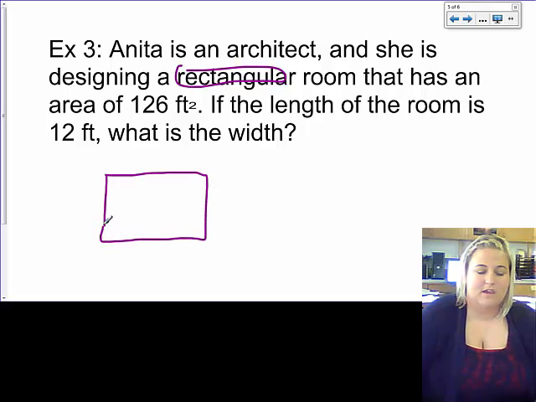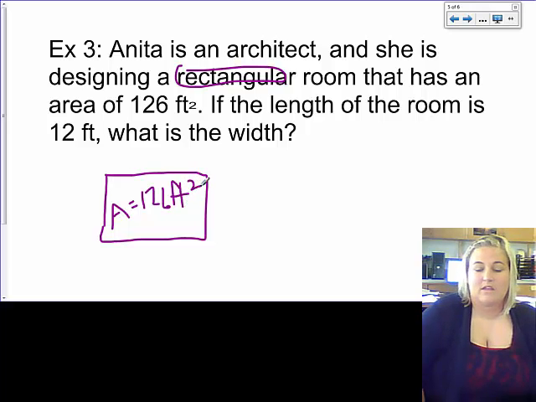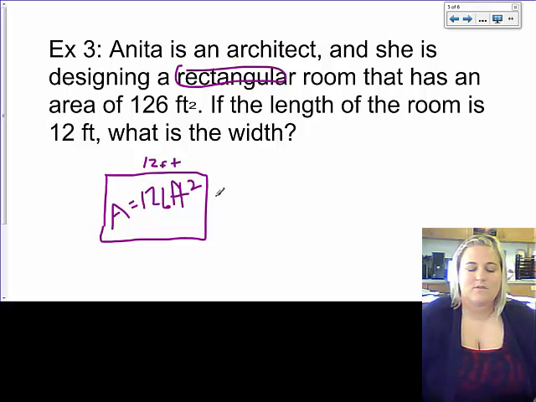And they tell me that the area of the room is equal to 126 square feet, excuse me. Okay. So if the length of the room is 12 feet, that's what I'm putting here. Length of the room is 12 feet. What is the width of the room?